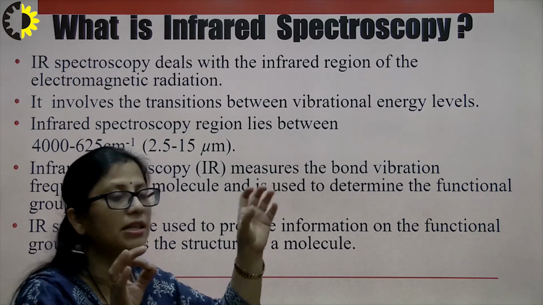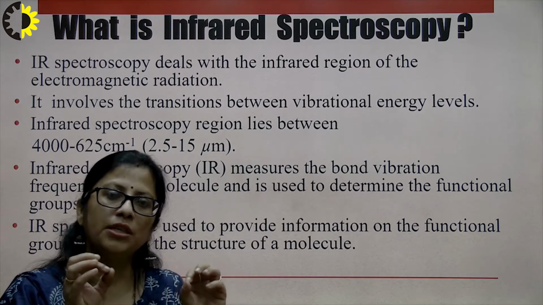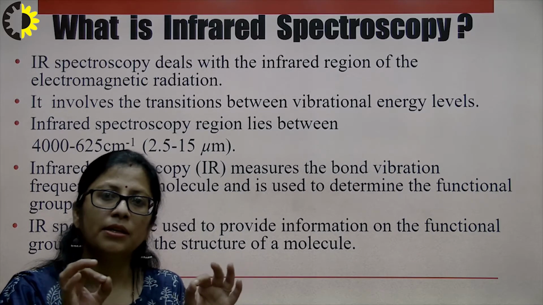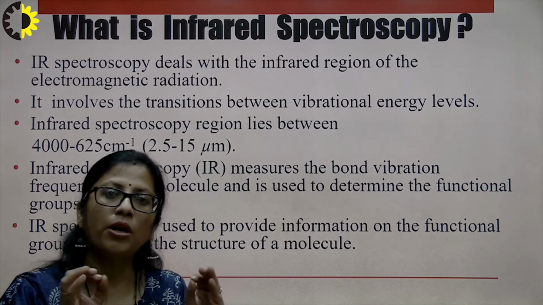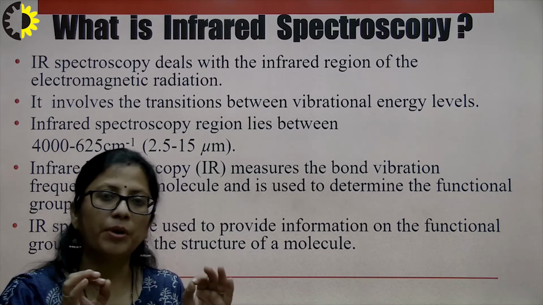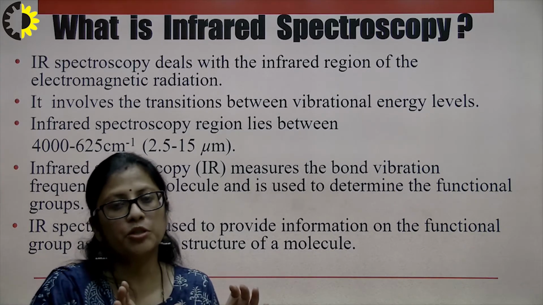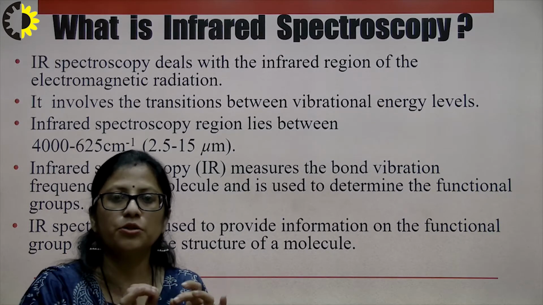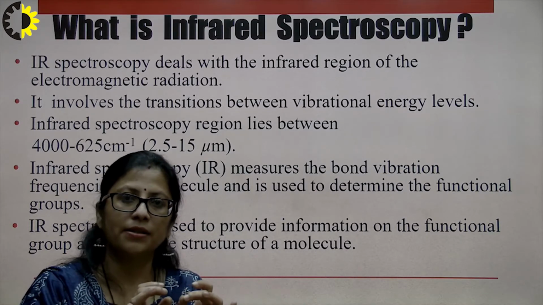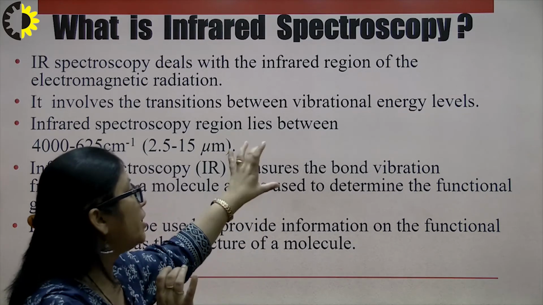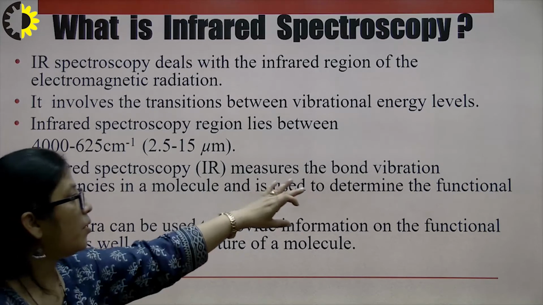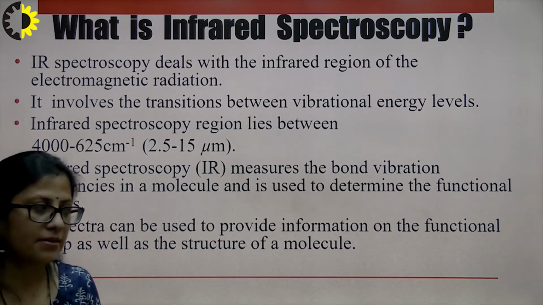When I provide IR energy to this molecule, nothing is static, the bonds start vibrations. As a result, the bond which is present between the two atoms starts to stretch and relax on putting it in the IR radiations. So, there are bond vibrations taking place.